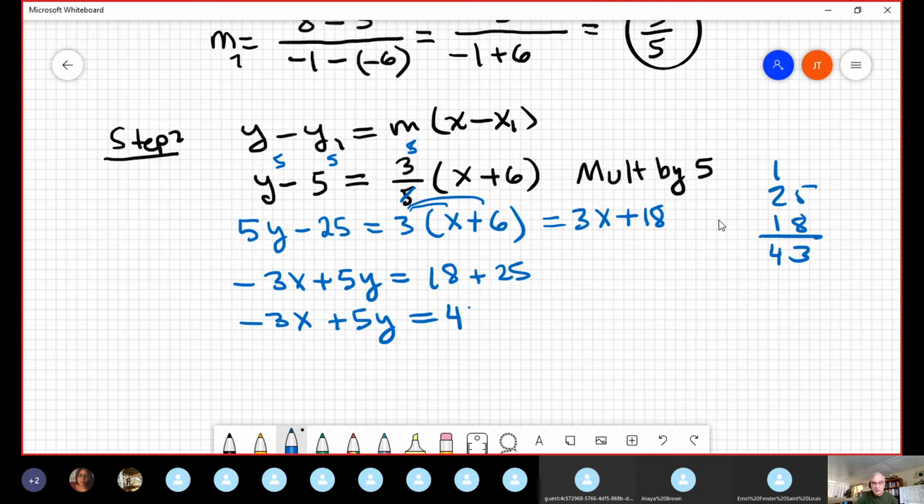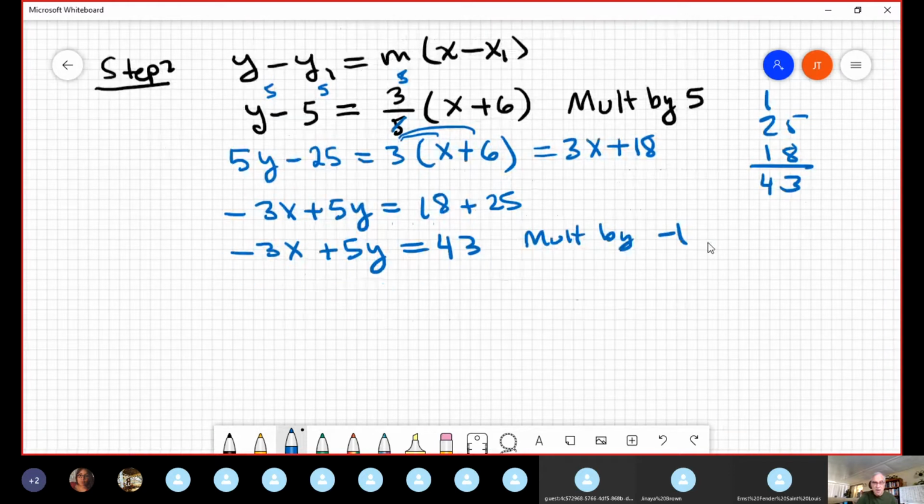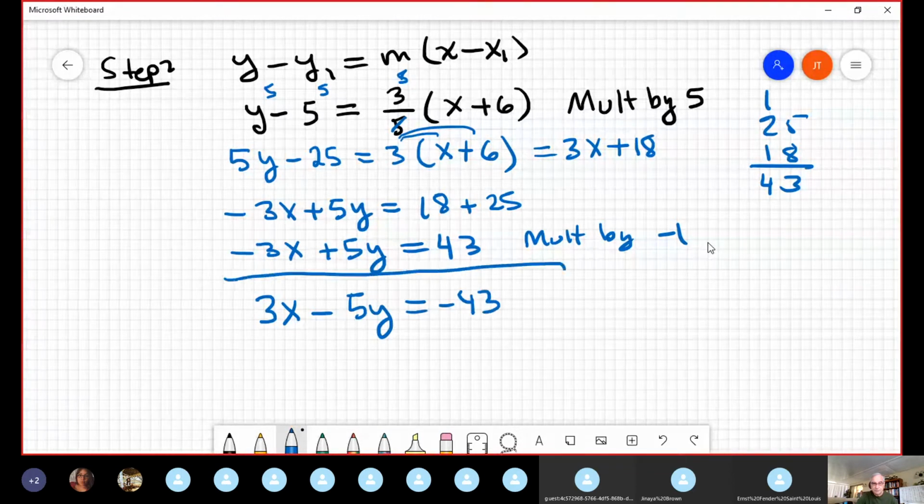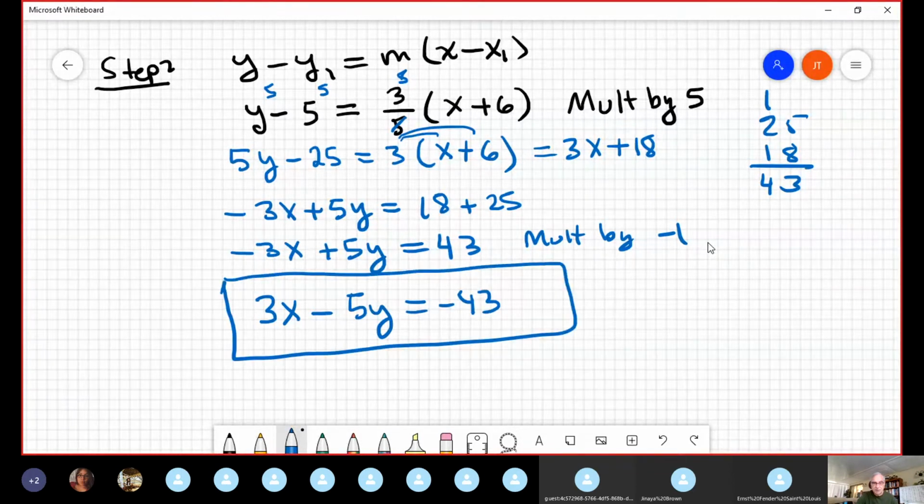The only detail is multiplication by -1, because in the picky standard form, A should be positive. When you multiply the entire equation by -1, everything changes sign. This is positive now, this is negative now, and this is negative. So this is the final answer in standard form.